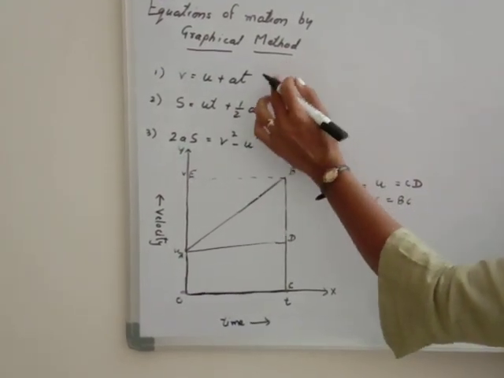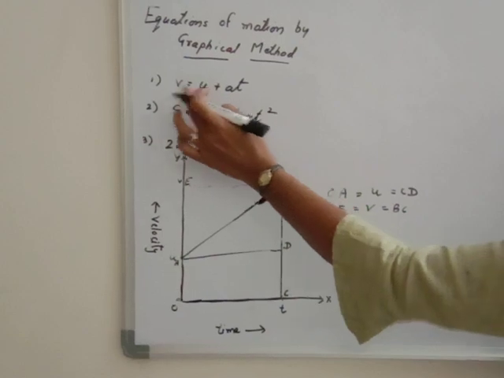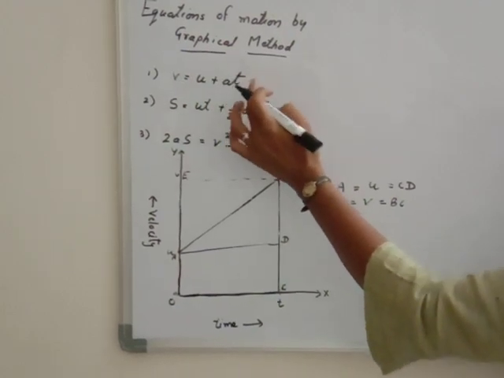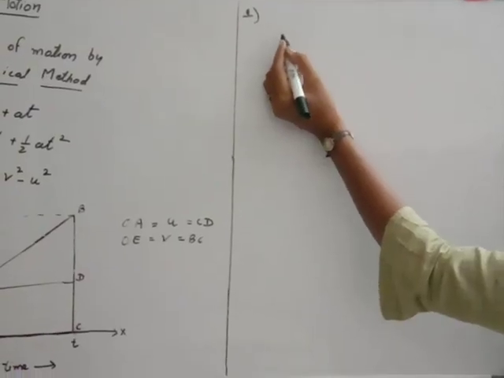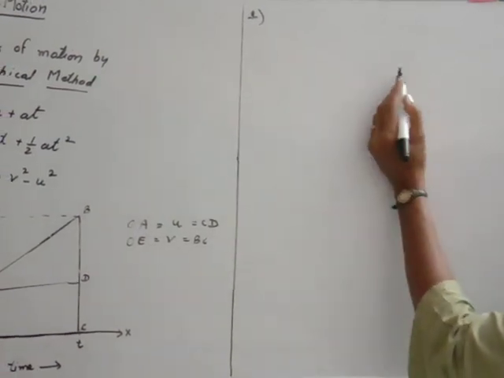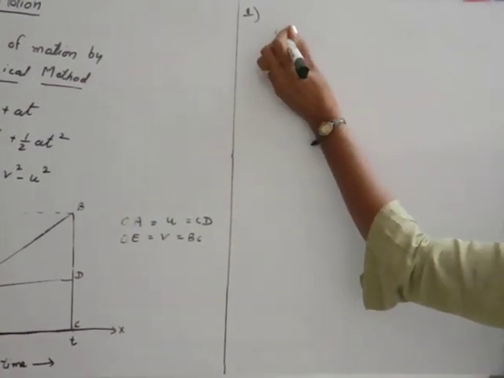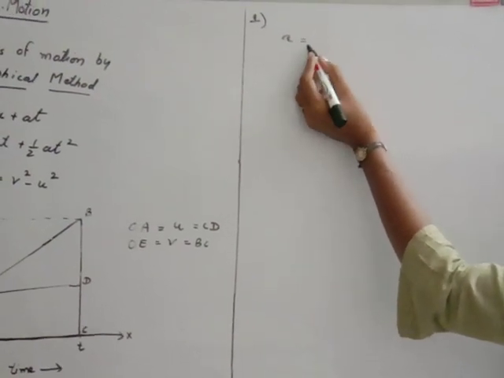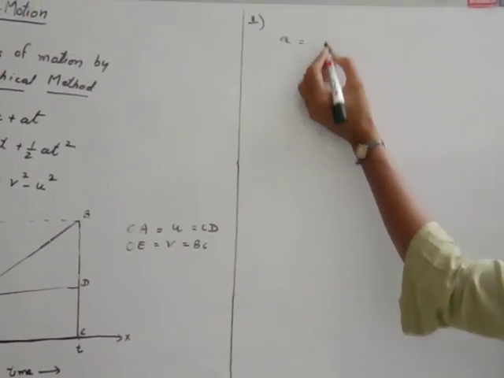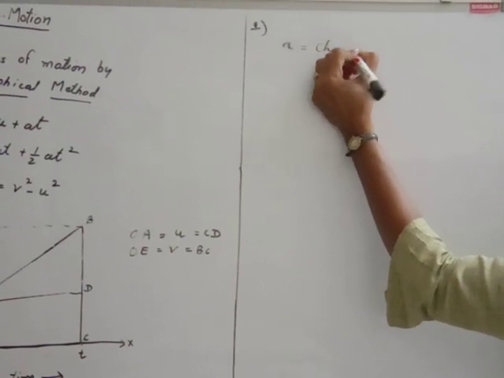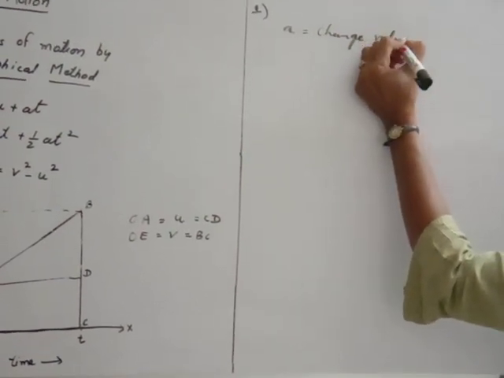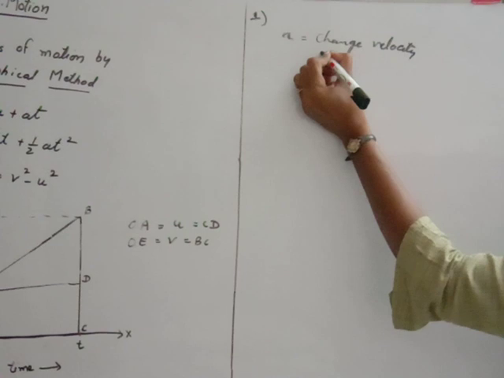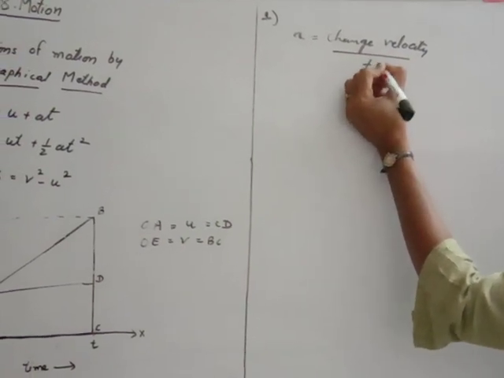Let us talk about the first equation, that is v equal to u plus at. We know that we have to derive the first equation. We know that acceleration a is the rate of change of velocity. That means change in velocity upon time, that is t.